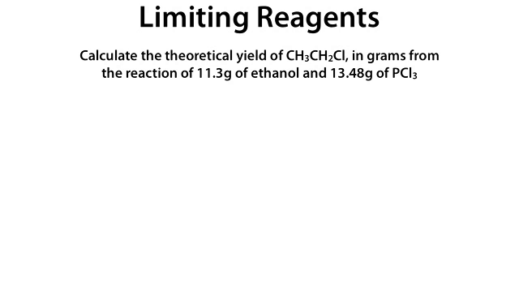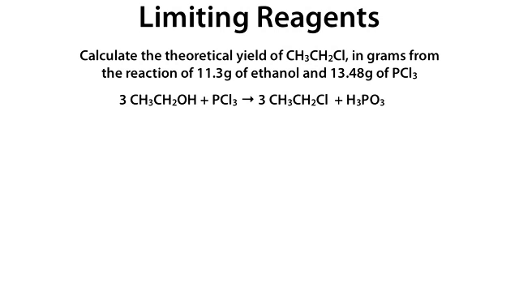We're given a reaction to go along with this problem. 3CH3CH2OH, which is ethanol, plus PCl3 yields 3CH3CH2Cl plus H3PO4. So we have 11.3 grams of CH3CH2OH, or ethanol, and 13.48 grams of PCl3.